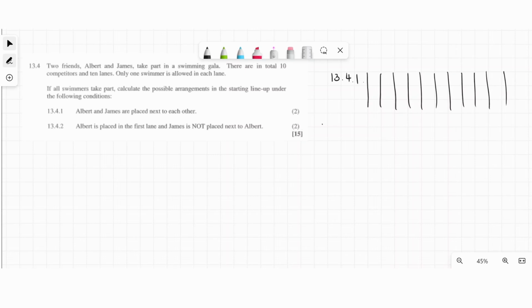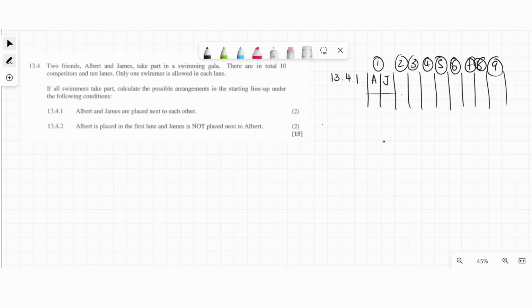And they are next to each other, so this is A and J, and they are always going to move as a pair because they need to be next to each other. So this is going to be taken as 1. Then this is going to be 2, 3, 4, 5, 6, 7, 8, 9.